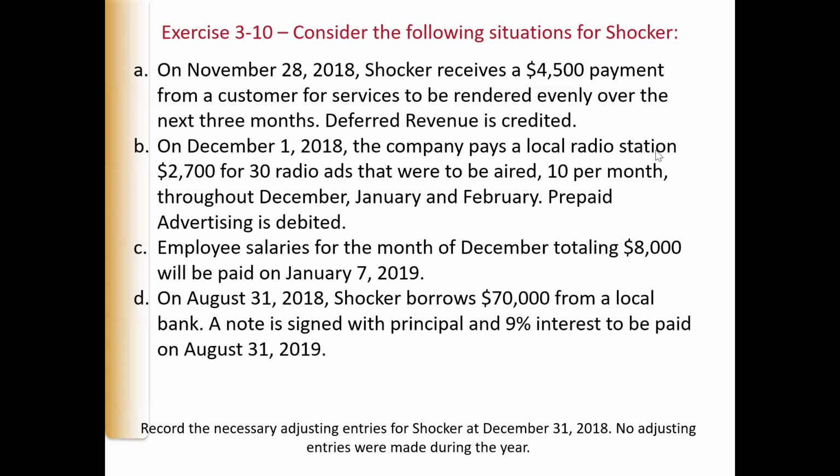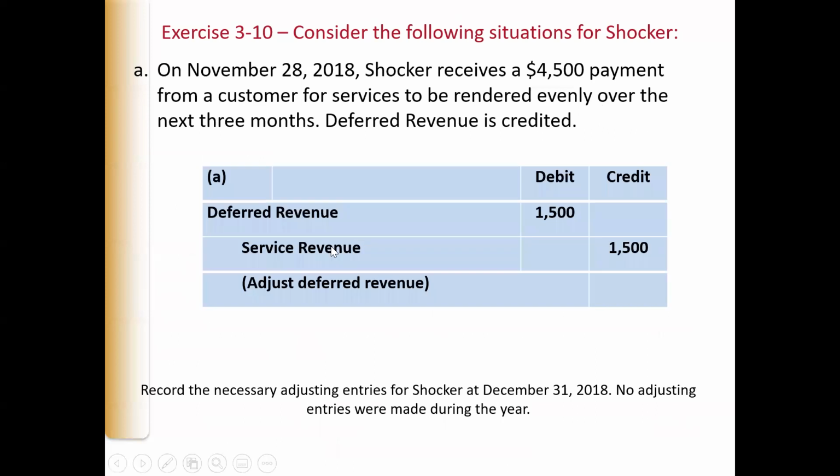Now, as of December 31st, 1 month later, isn't 1/3 of this used up? So wouldn't we show a debit to deferred revenue and a credit to service revenue? So now we've earned it. Just due to the passage of time, that rent is now earned revenue. Make sense?